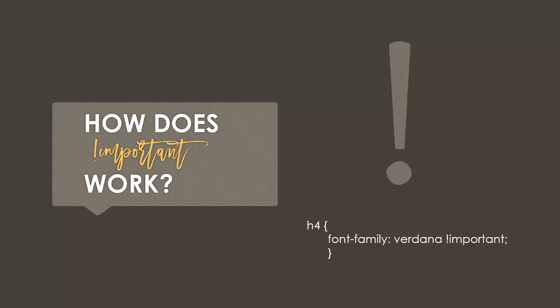So meaning if you're not sure what's controlling that HTML tag and you put in the font family and it's still being overridden by something else and you're not sure where that's coming from, if you pop that exclamation mark important right after your value before the semicolon in your CSS definition, it is going to override that style regardless. Like I said, it's kind of a safety in case things are kind of buried in your style sheets and you're not sure where it is. This is a really handy tool I use all the time. And again, I'll show you it in action as we go through this workshop.